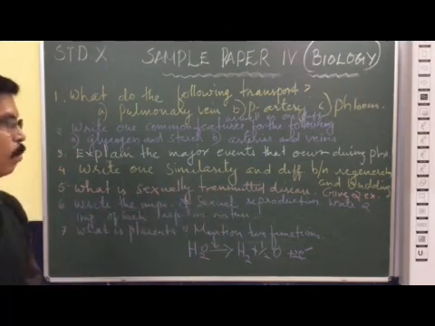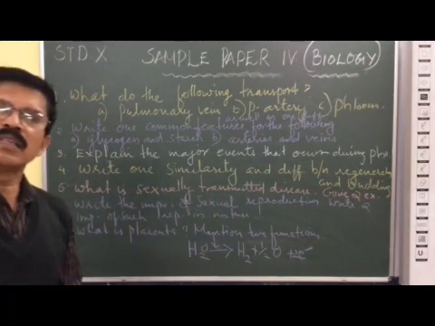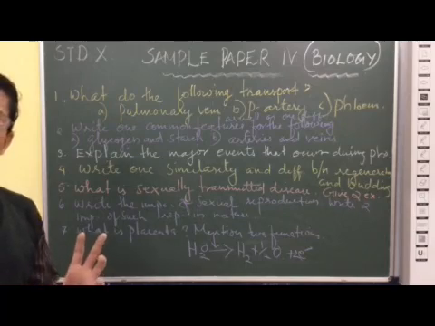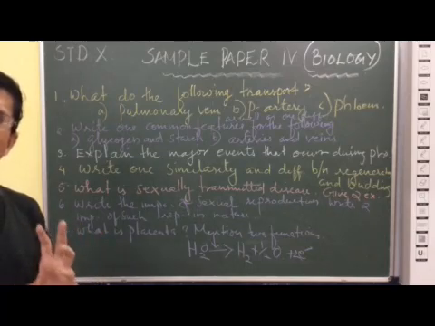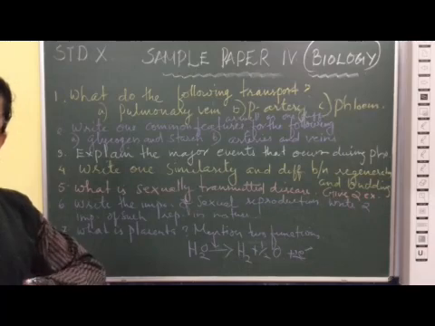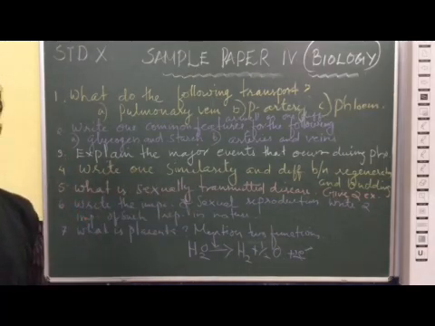But in budding, by repeated mitotic division a bud-like outgrowth is formed, which will modify and form a complete organism from the bud.